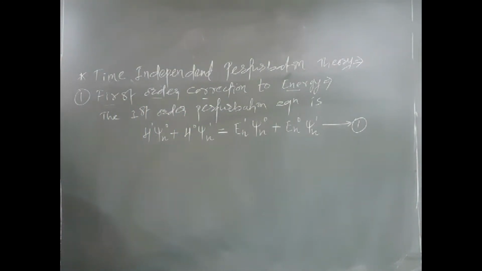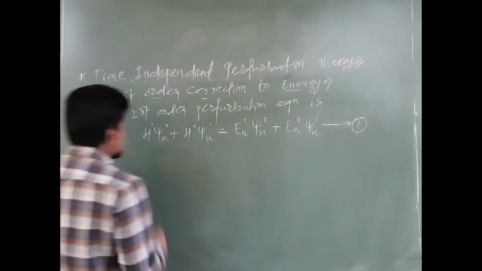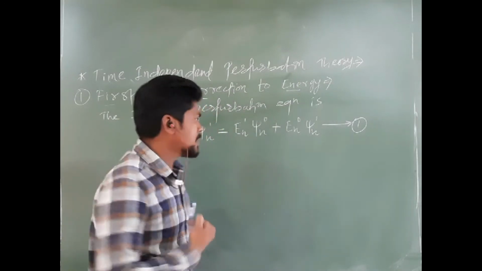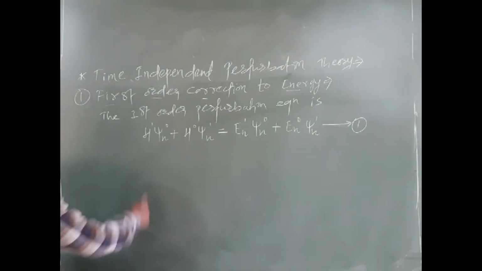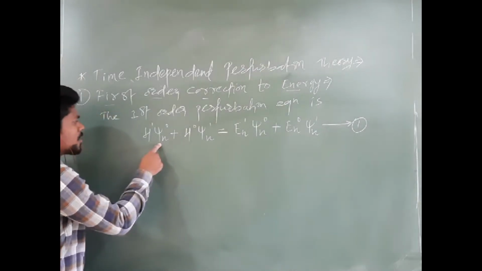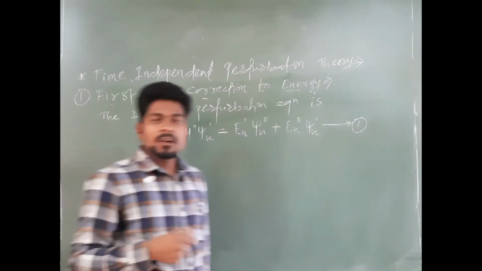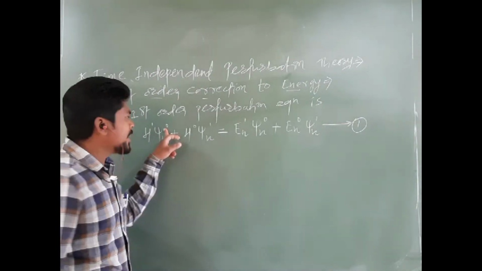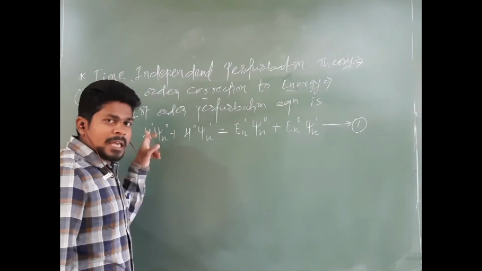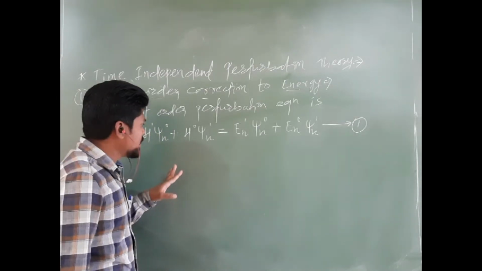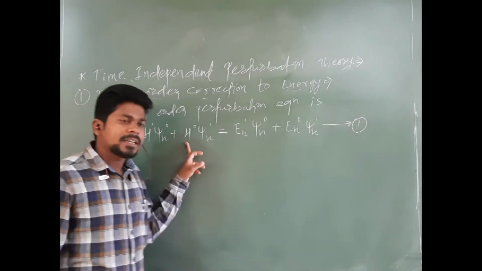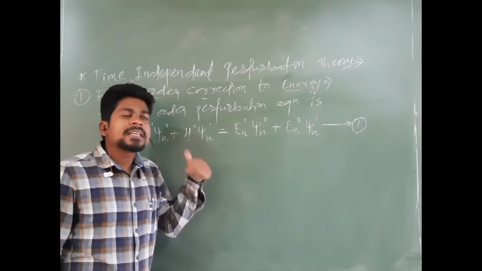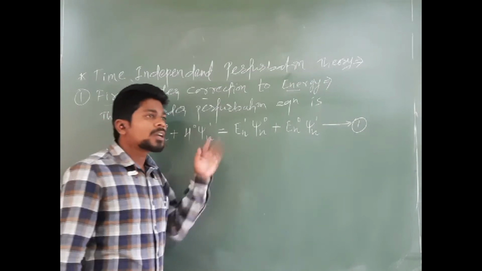Then again I will recall the meaning of these terms. This H prime is the perturbed Hamiltonian of the perturbed system, and this psi n naught is the wave function of the unperturbed system, because naught means unperturbed. Prime means it is perturbed. In the same sense, H naught is the unperturbed Hamiltonian. Psi n prime is the wave function of the perturbed system.